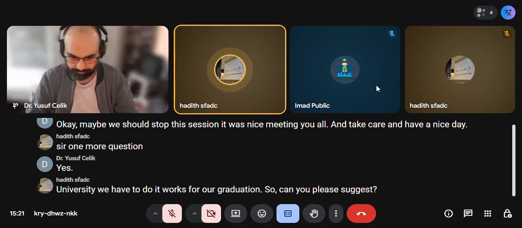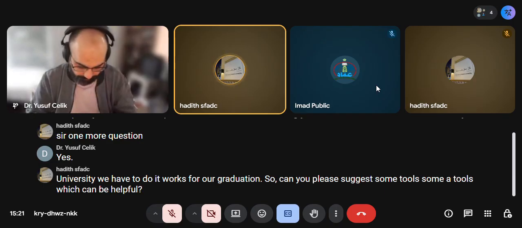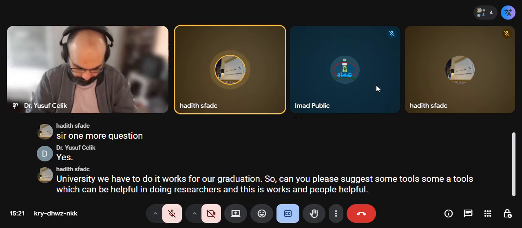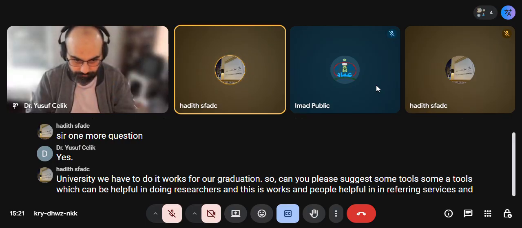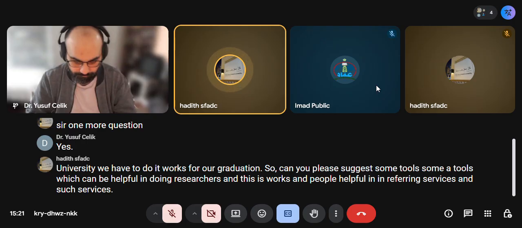So can you please suggest some AI tools which can be helpful in doing research and thesis works, and helpful in referring sources and such services.